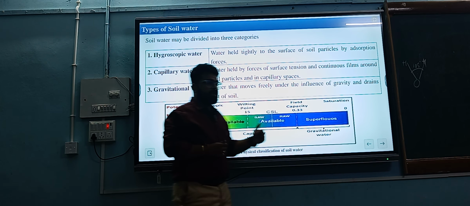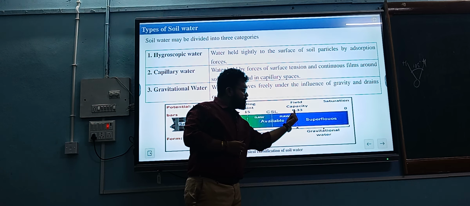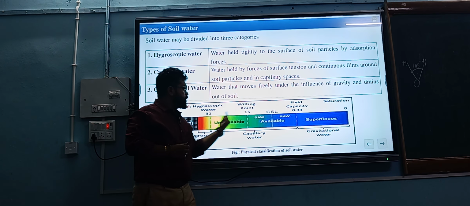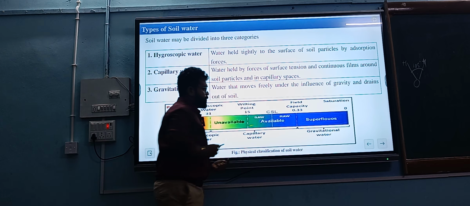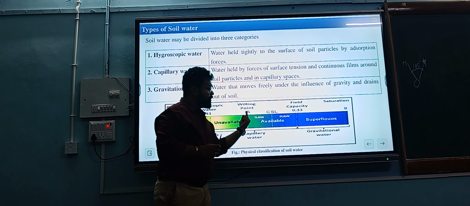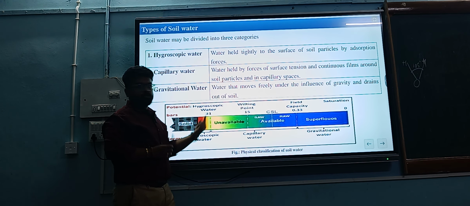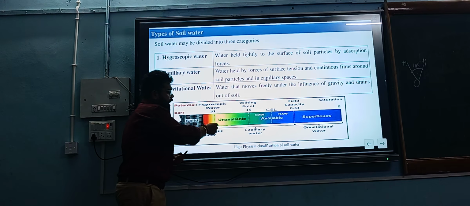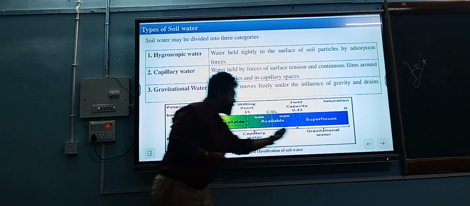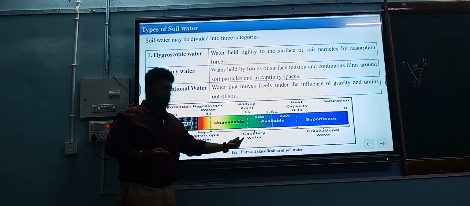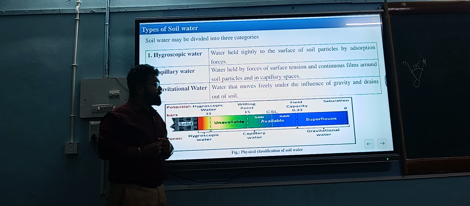Which water is available? The water present between field capacity and the permanent wilting point, we call available water. The water present between the permanent wilting point and hygroscopic water, we call unavailable water. The total water between field capacity and hygroscopic coefficient, we call capillary water.